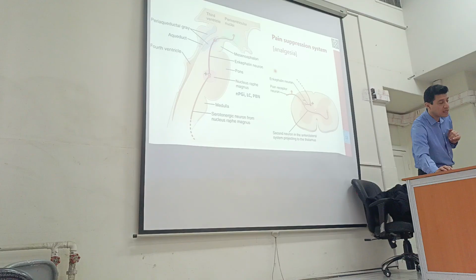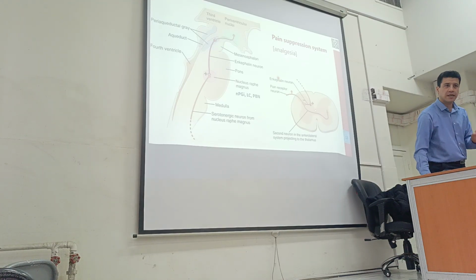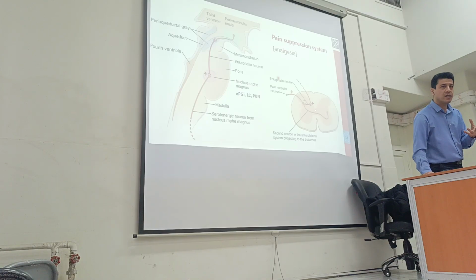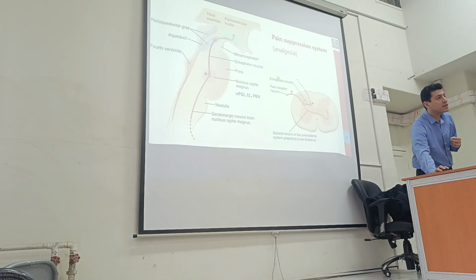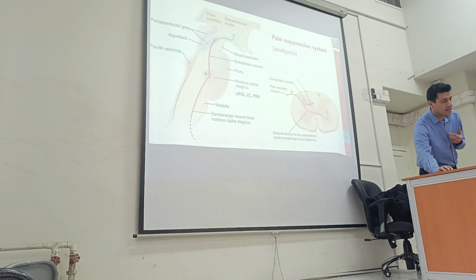So remember this name. Enkephalin is a neurotransmitter, a neuropeptide. It's like morphine, right? So it binds to opioid receptors and actually blocks the synapse between the pain afferent neuron and the pain relay neuron.